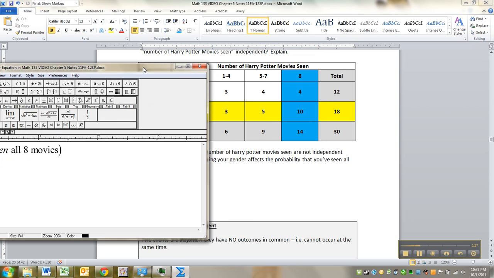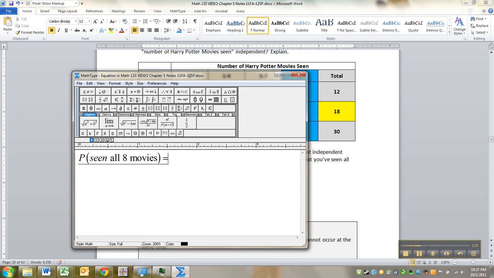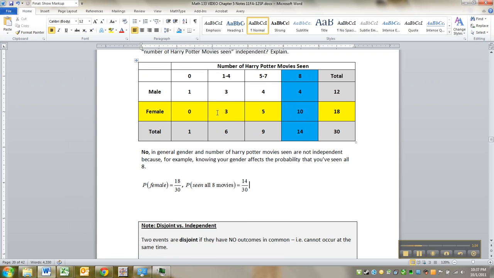There were 14, so that equals 14 out of 30. And by the way, I could do this for any of the rows and columns. It would all work out.